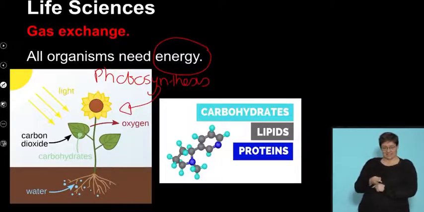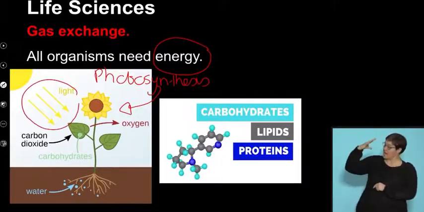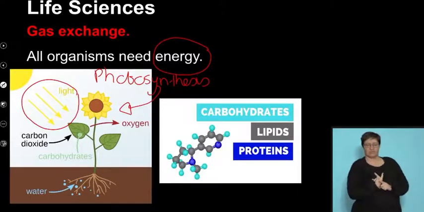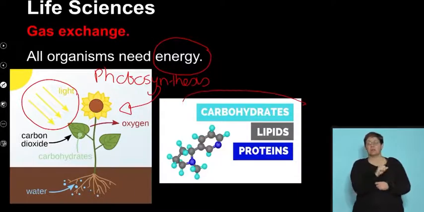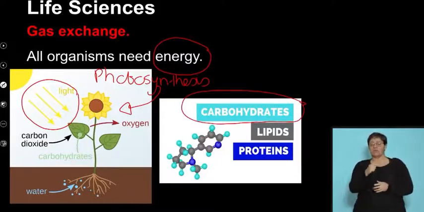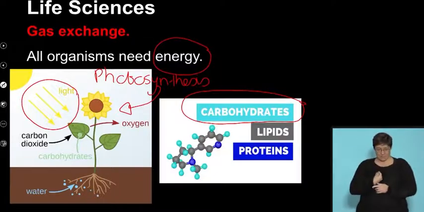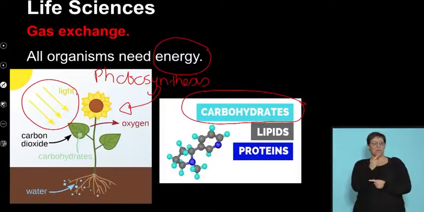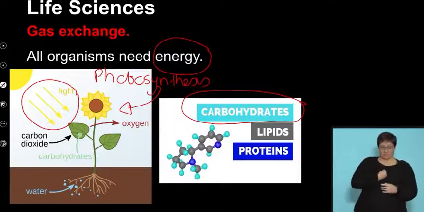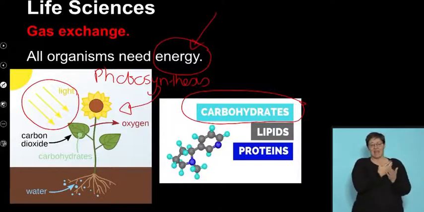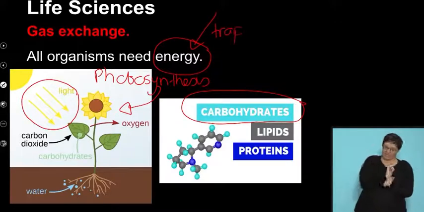And they are able to take the energy from light and trap it into what we call organic compounds. So when you did the concept of photosynthesis, it's almost like we're doing a bit of a mini-series. We started off with photosynthesis because plants were able to trap this energy.